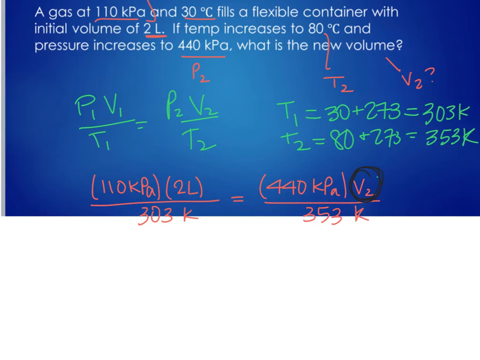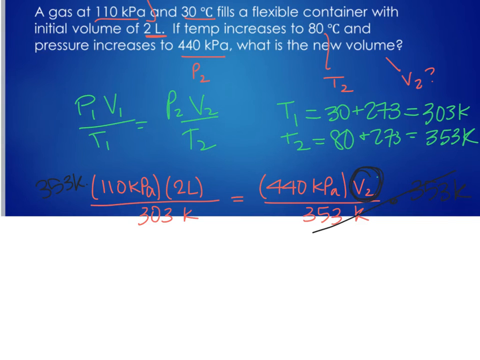So I'm going to get rid of my 353. I'm going to multiply both sides by 353 Kelvin. And what's going to happen then is my 353s are going to cancel.